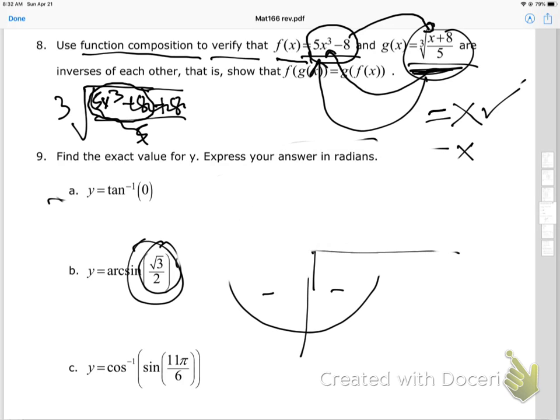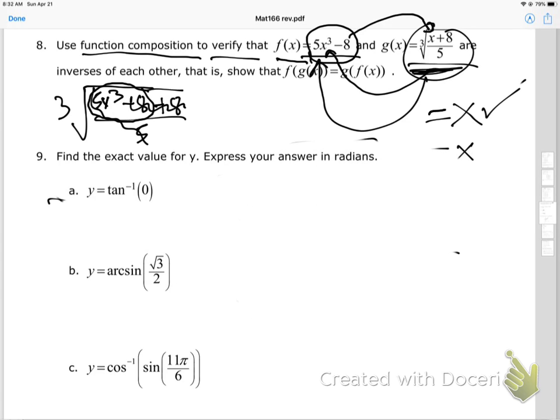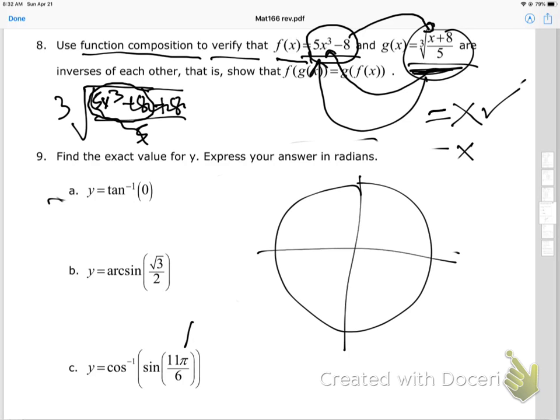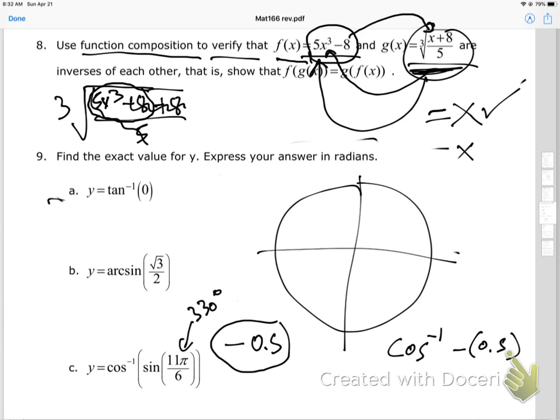Right, let's erase that. On to the last one. Again, get my unit circle going. This is 330 degrees. If you do the sine of 330 degrees, you get negative 0.5. So what's the inverse cosine of negative 0.5? Well, 0.5 with cosine is 60 degrees.